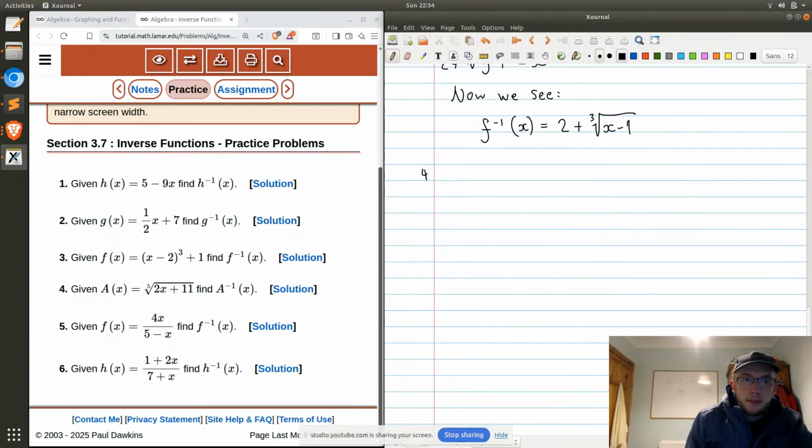Problem 4. Okay, so just write y equals the 5th root of 2x plus 11 and try to get x by itself. Raise both sides to the power of 5, then subtract 11 from both sides, then divide both sides by 2.